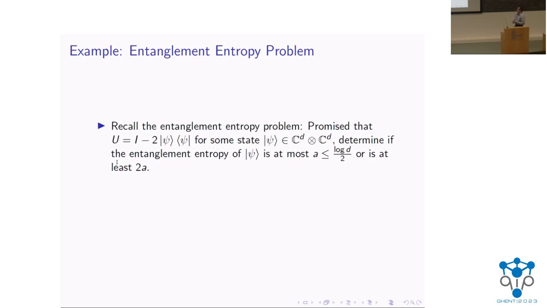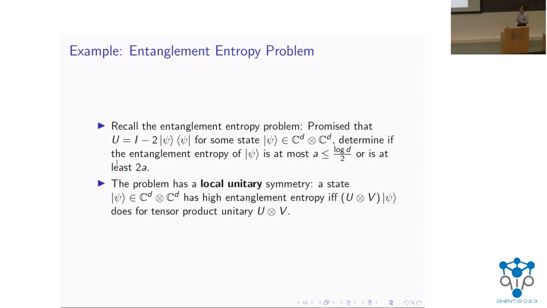For this other problem, this entanglement entropy problem, which is the one where we flip a state and we're curious about whether that state is high entropy or low entropy, we also note that this problem is invariant under these other kinds of unitaries, basically tensor products of two unitaries, because along the split, you can't add or destroy entanglement if you only act on each part independently.